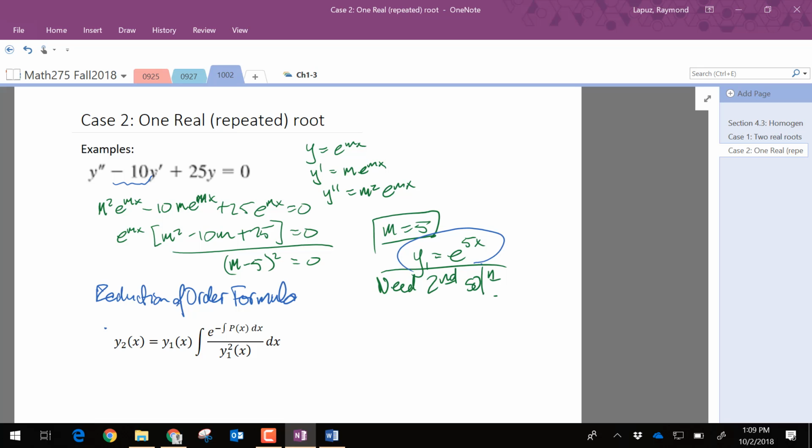Then you look at the coefficient of the y prime, and that's going to be your p of x. So in this case, our p of x is equal to -10. And I think that's all we need in this formula. Notice that q is not considered at all in this reduction of order.